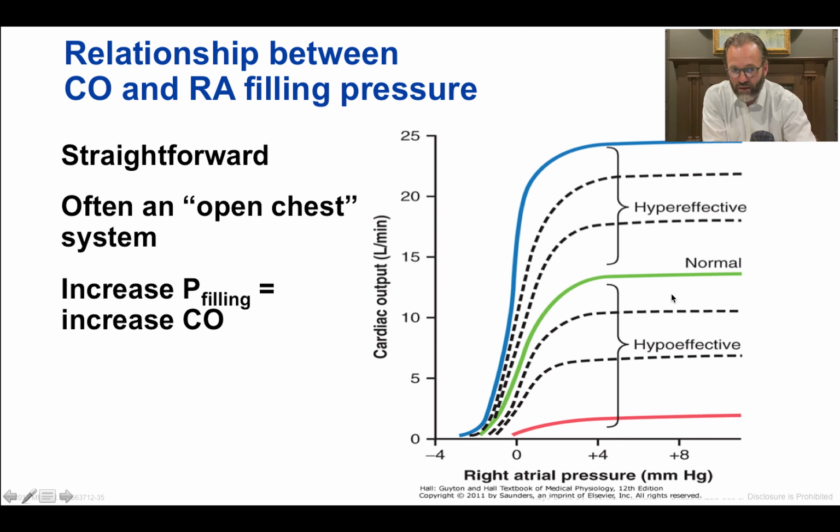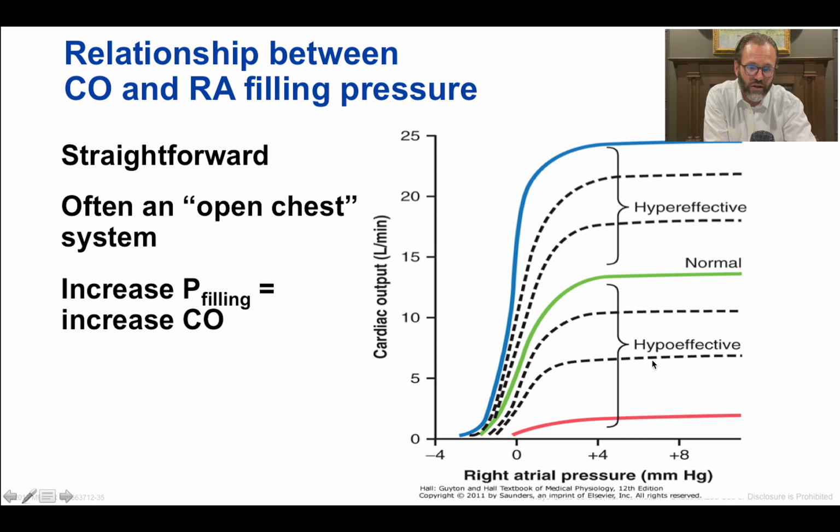Now, reciprocally, if you have a hypoeffective heart, so for example, either heart failure where you have significant scar tissue or significant damage to cardiomyocytes, or administration of something like a beta blocker where that's going to be reducing the contractile state of the heart, reducing calcium-induced calcium release, you can see now that on any given level of right atrial pressure, you'll have a substantial reduction in cardiac output, right?